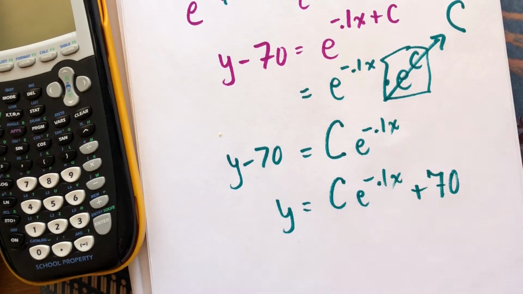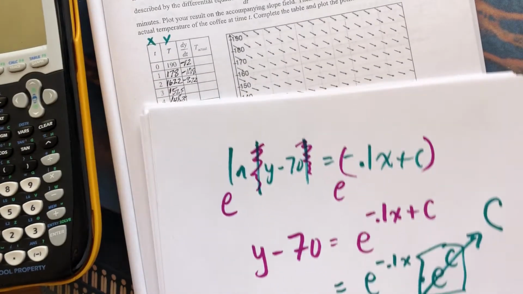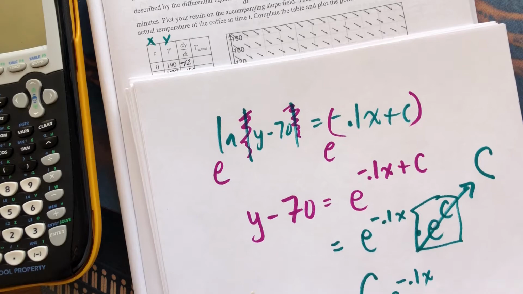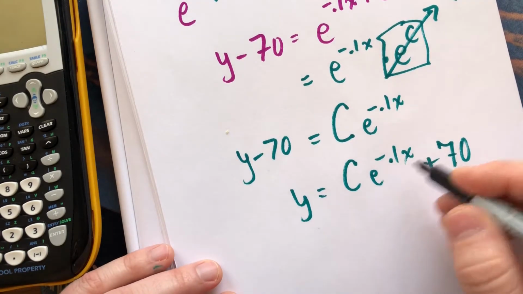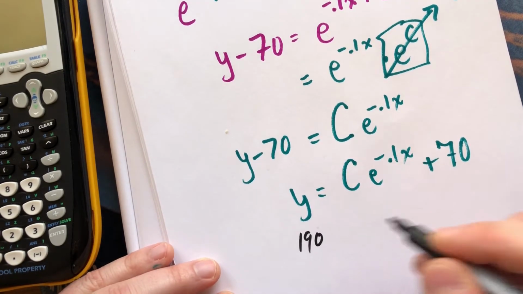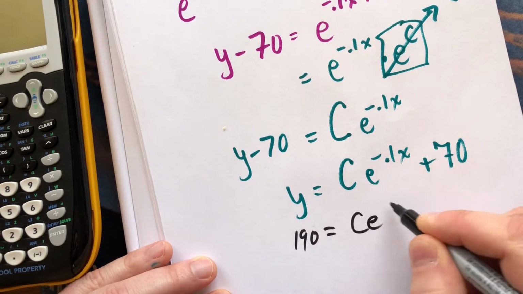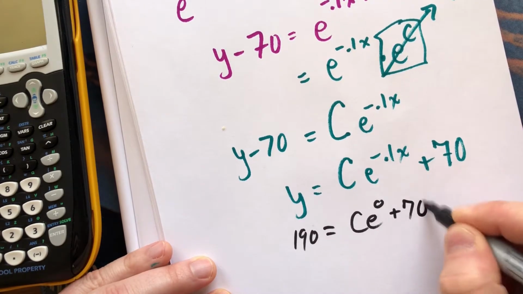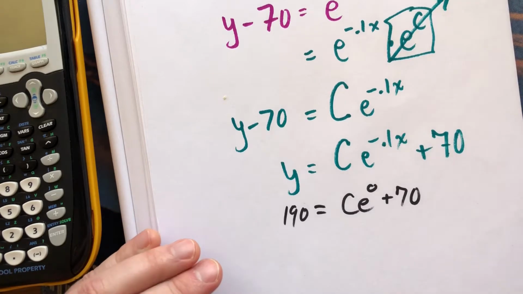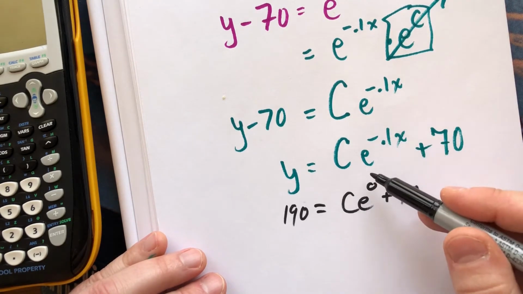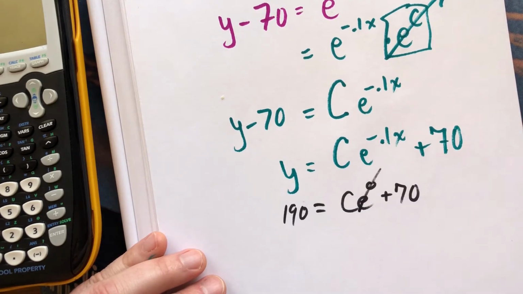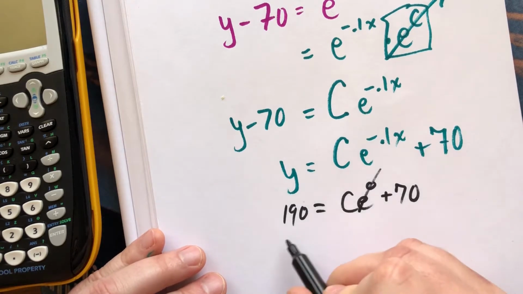And we know some things, right? We know that when x is 0, y is 190. And this actually is pretty easy, right? Because negative 0.1 times 0 is just 0, and e to the 0 is just 1.